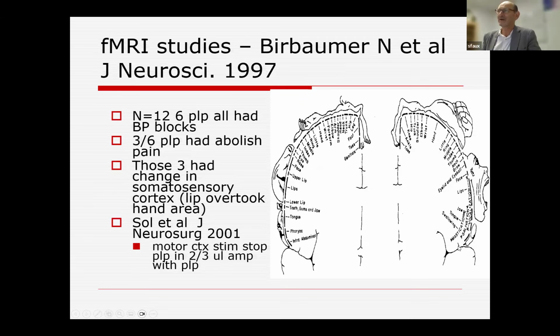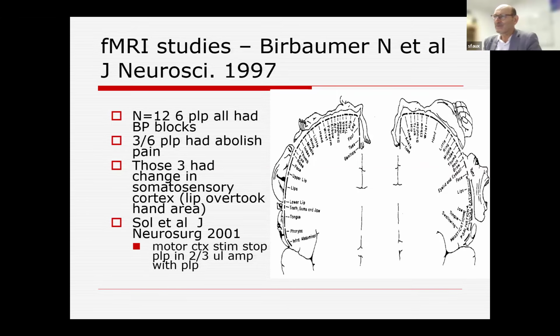So in these early fMRI studies, they had 12 people, 6 of whom had phantom limb pain. All of the 6 who had phantom limb pain were given brachial plexus blocks, which meant that there could be no feedback from the missing upper limb to the brain.